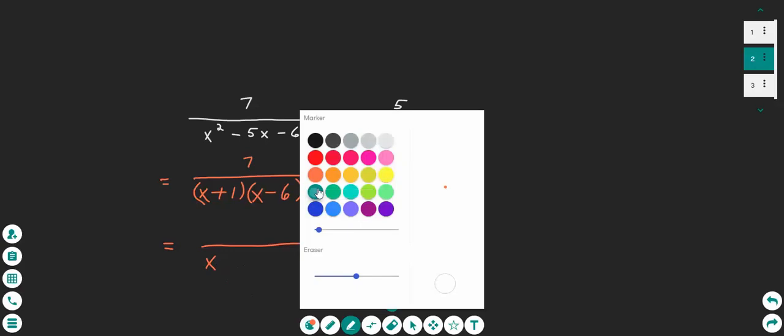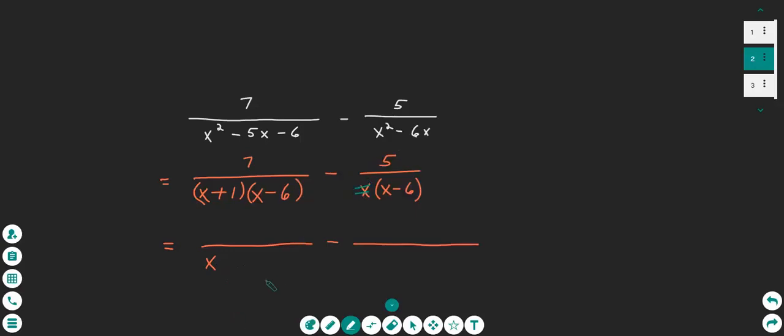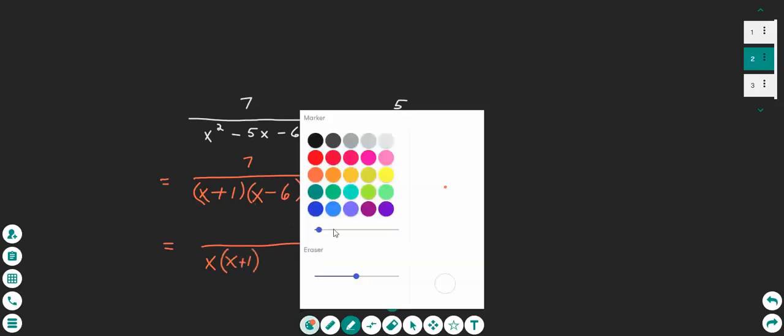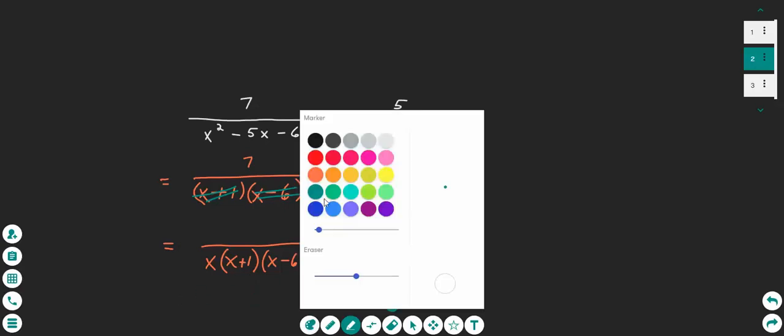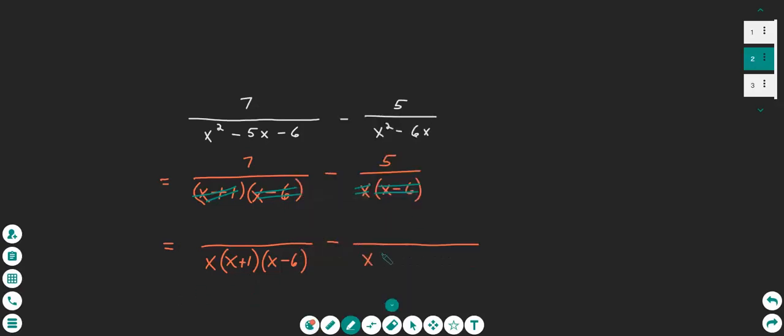And that accounts for this one. Then I have an x plus 1. That's another factor that has to be in there, and that accounts for this one. And then I have an x minus 6. And the x minus 6 is going to account for this one as well as this one. Right? So there, I have everything accounted for. This is going to be my common denominator, so it's going to be in both.